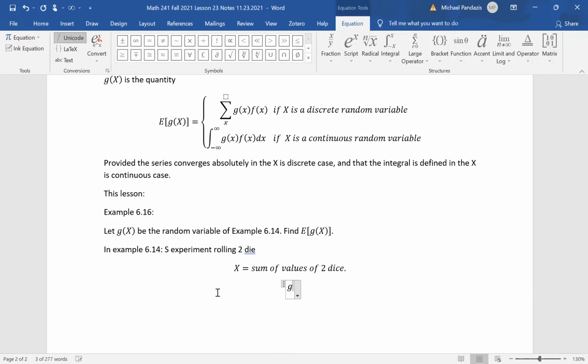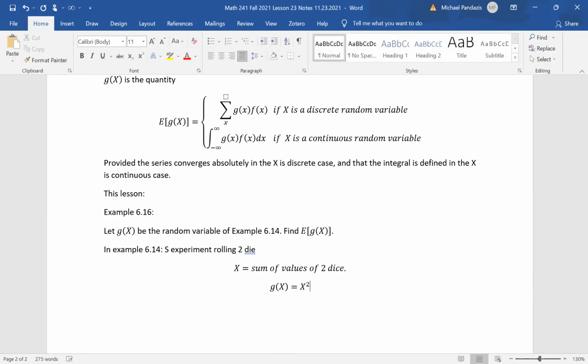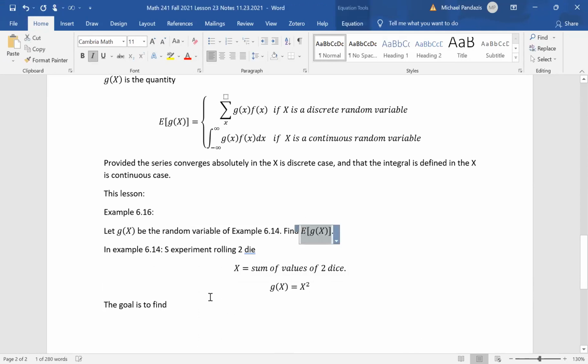And g of x is equal to x squared. So this g is x squared, x is the sum of the 2 dice. Okay, so we want to find the expected value of g of x. So the goal is to find the expected value of g of x.